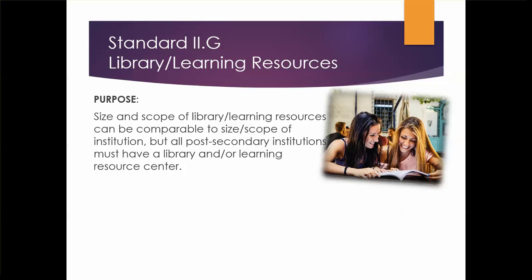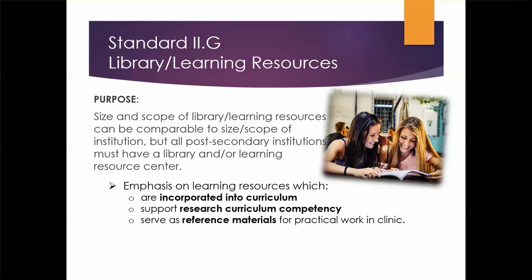And you'll notice that the library and learning resource standard is now included in curriculum and instruction because the emphasis is on learning resources which are incorporated into the curriculum and support the research curriculum competency and serve as reference material for practical work and clinic. So there's more emphasis on using these learning resources in the curriculum and assisting students in meeting the objectives, and less emphasis on the library being a physical location.